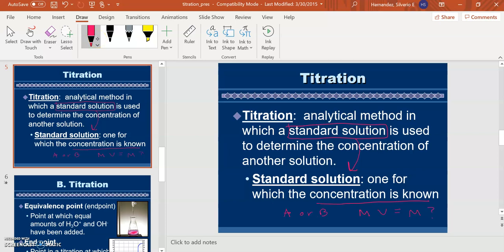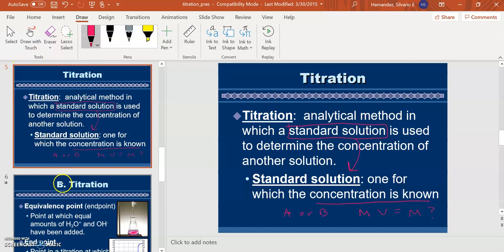So that's what we're going to do through this titration. A couple of things that are important here is knowing the standard solution. The concentration of the standard solution is known, and we're going to be using that standard solution to place it into an unknown solution to determine its concentration.